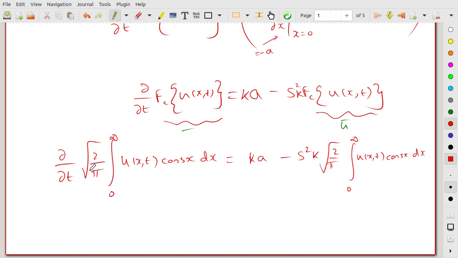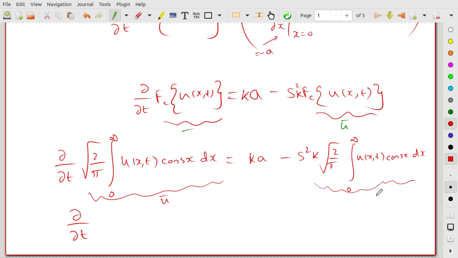So let's remove this, let's divide the whole equation by root 2 by pi. So let me write this whole integral as u bar, therefore this also becomes u bar.